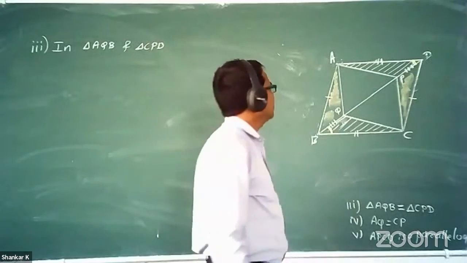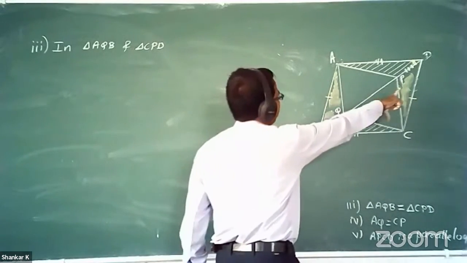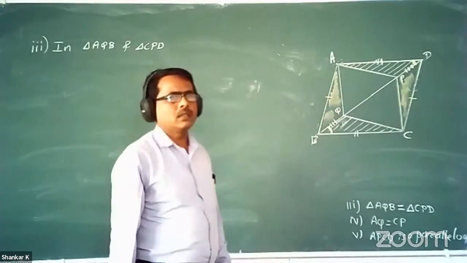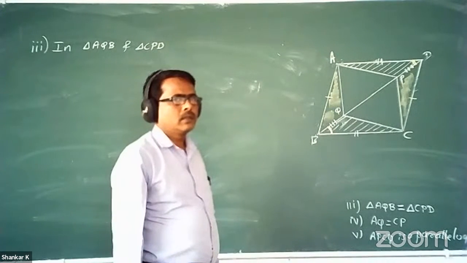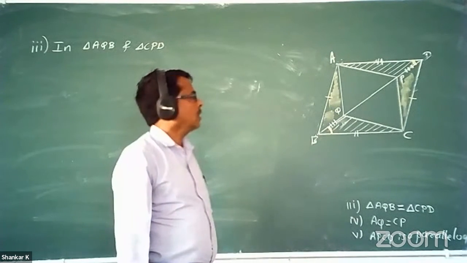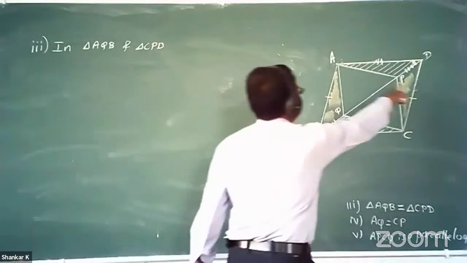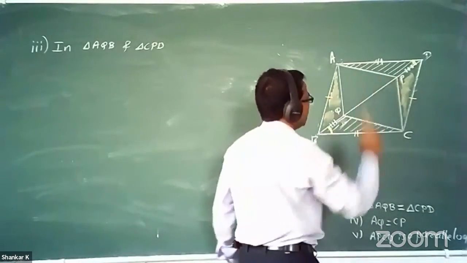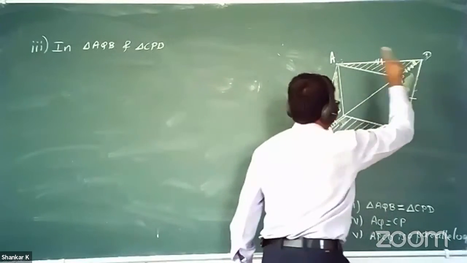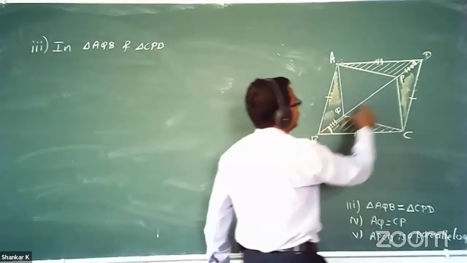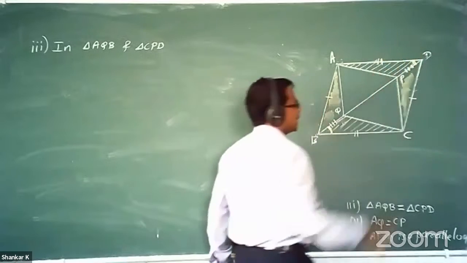Can you tell me, students? AB equal to CD, right? AB and CD are equal. AB equal to CD, why? Because opposite sides are parallel. This AB equal to CD. And BQ equal to DP. It is given.